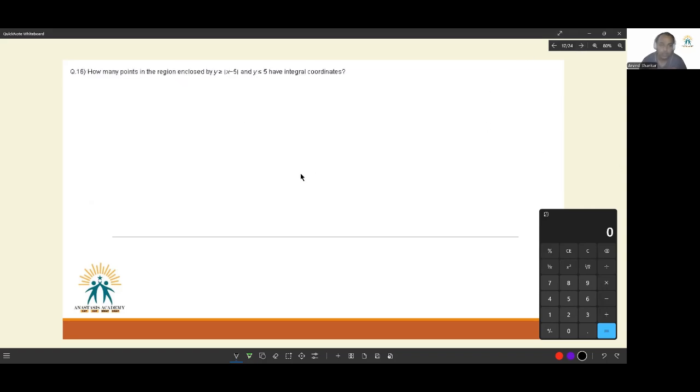Okay. Next, how many points in the region enclosed by y is greater than or equal to mod of x minus 5, and y is less than or equal to 5, have integral coordinates? Okay. Let us try to somehow make a graph for this.